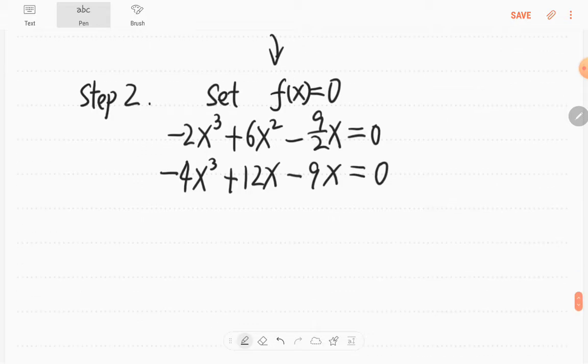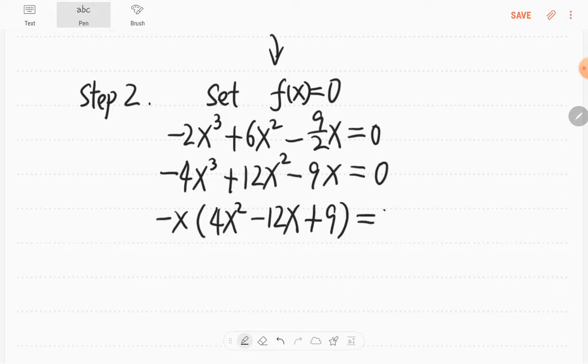Now we take the common factor. The common factor is x. We always like the first term to have a positive coefficient, so we take a negative x out. So it becomes 4x squared minus 12x plus 9 equals 0.